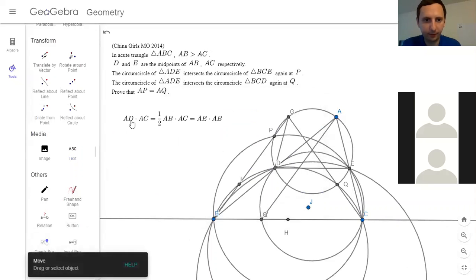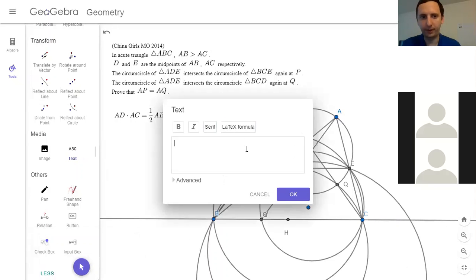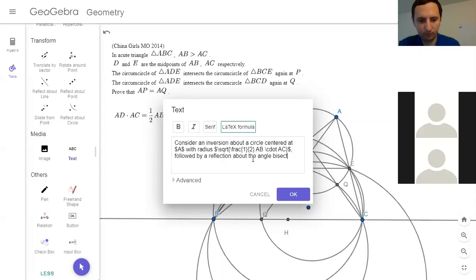So then we can consider an inversion about a circle centered at A with radius, followed by a reflection about the angle bisector of A. All right.